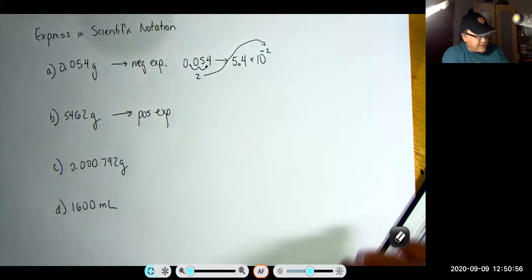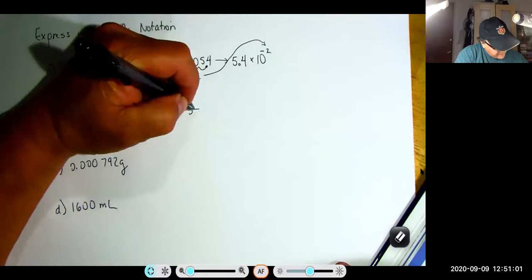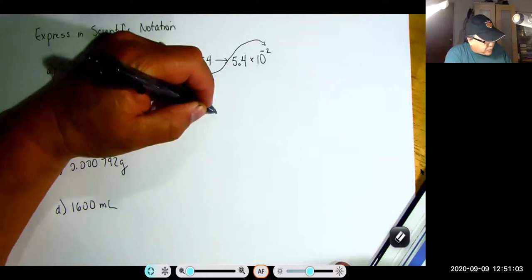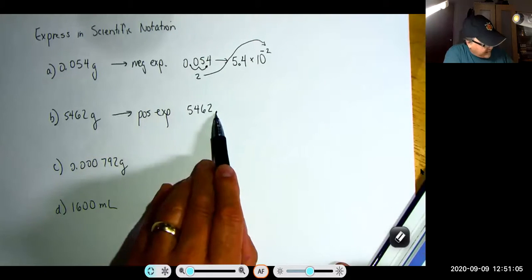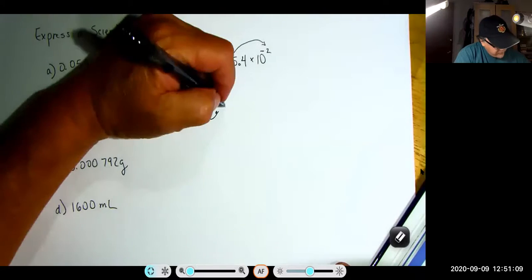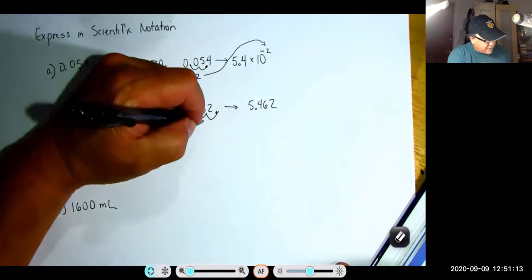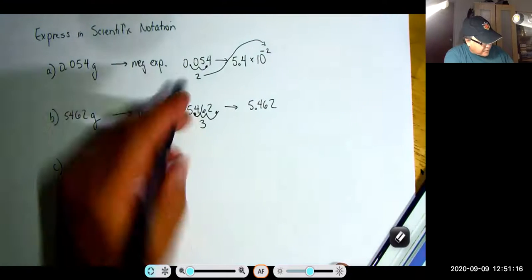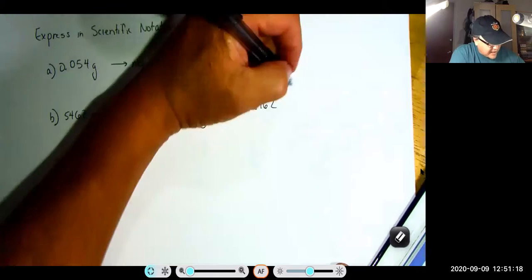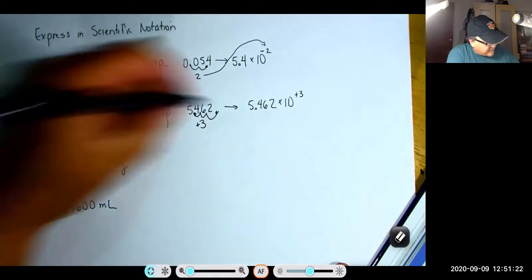And we know it's positive because that number is bigger than 1. So let's move the decimal over. That's where the decimal is implied to be. 1, 2, 3. So 5.462, we moved it over 3 times. I'm going to go ahead and put the plus right there. So times 10 to the plus 3 and grams.